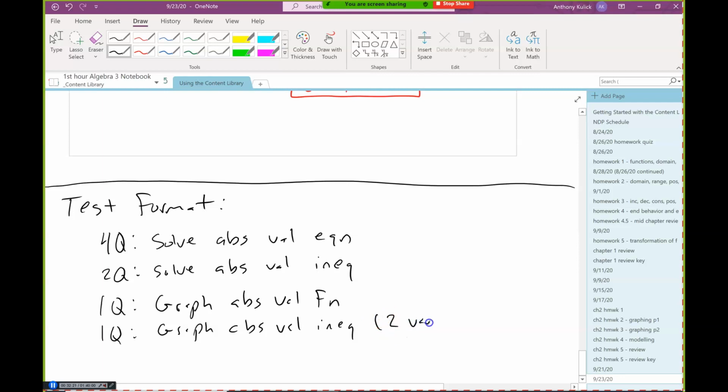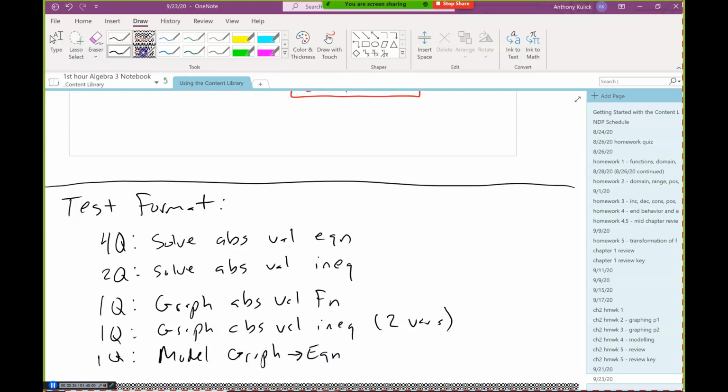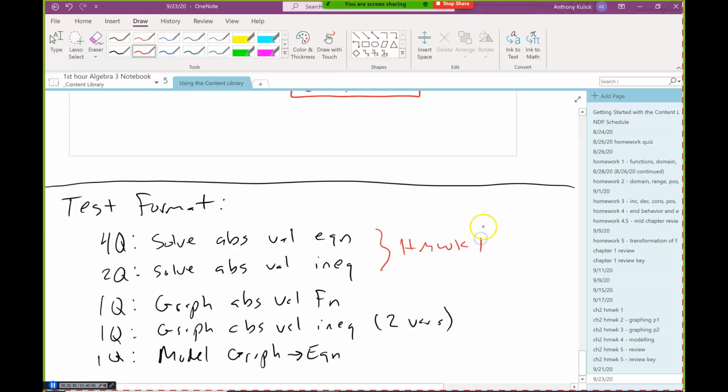That's something in 2 variables. And then I have 1 question where I ask you to model going from graph back to equation. So these are questions that would be similar to things on homework 1. This would be something similar to a question from homework 2. This one from homework 3. And this one from homework 4.